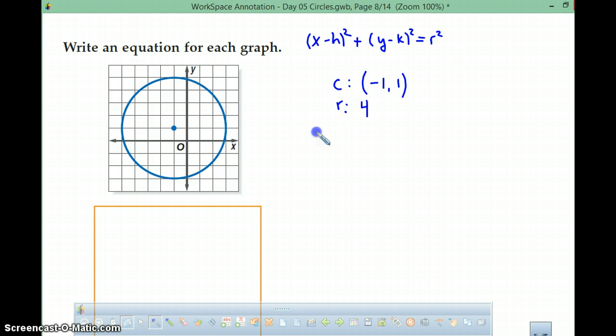So x minus, what's my h? Right here. x minus negative 1 squared plus y minus 1 squared equals 4 squared, or 16.